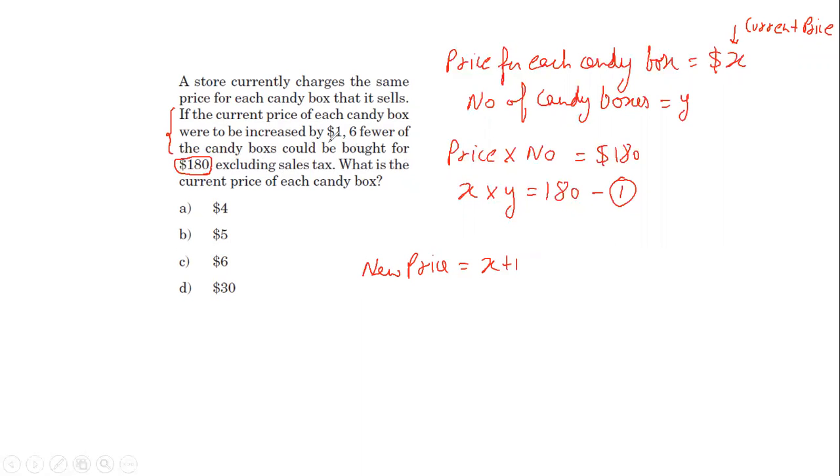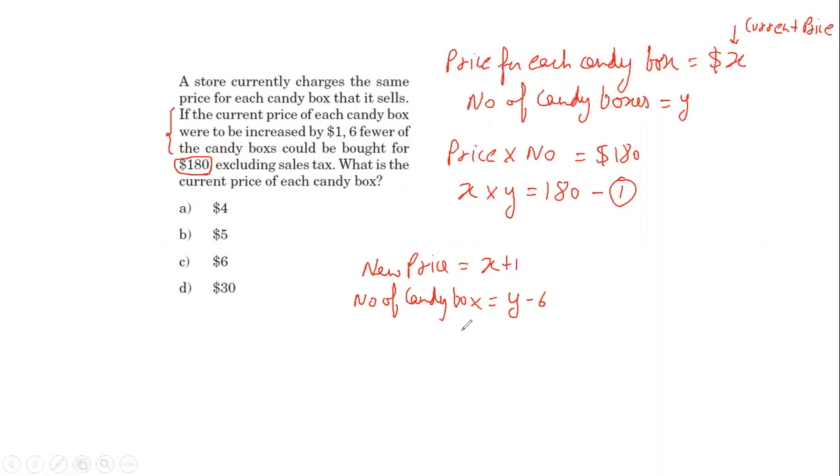Now, when I do that, 6 fewer of the candy boxes could be bought. So the number of candy boxes that I can buy now decreased by 6. Previously I was able to buy Y candy boxes, but now I am only able to buy Y minus 6 for the same money that I have, that is $180.